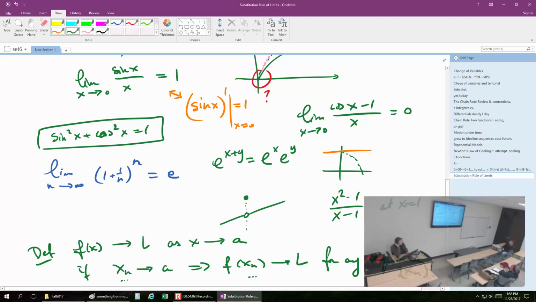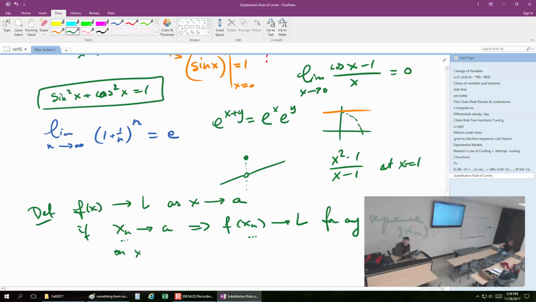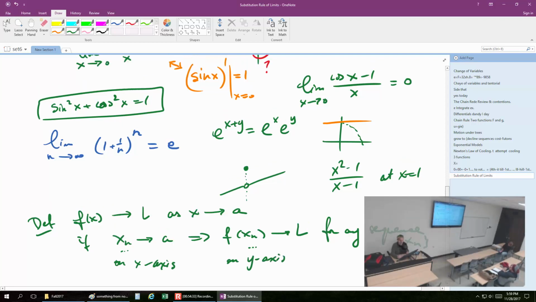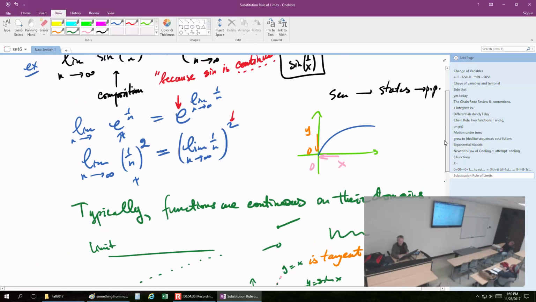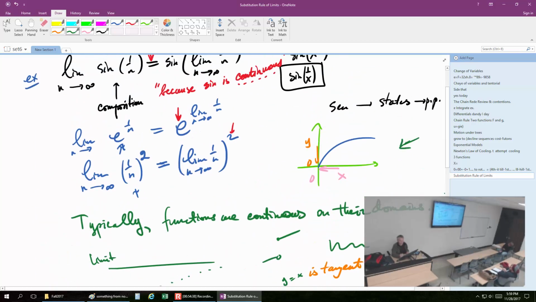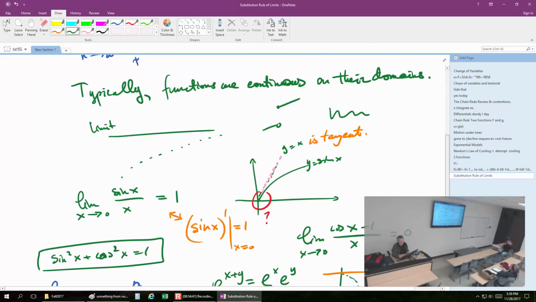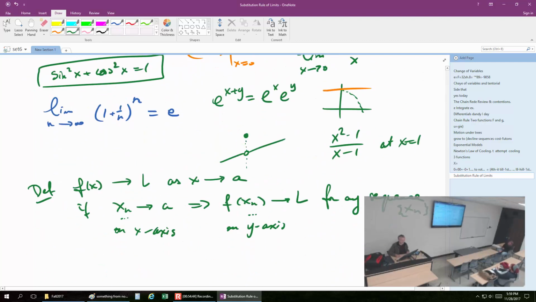That's what we're saying here, and that's what creates a convergence of a function as a whole. So all the sequences converging to a will be transferred into convergent sequences on the y-axis. So once again, this is on the x-axis, and this is on the y-axis. Just like the picture that I had, not this one, this one. Okay, so convergence on the x-axis forces convergence on the y-axis.